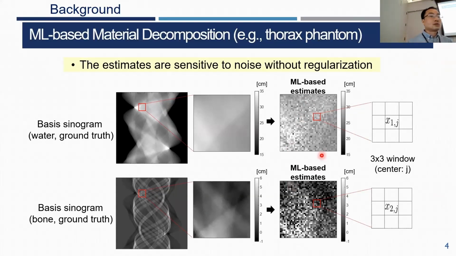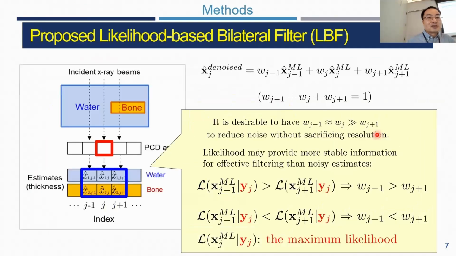It's just filtering, using a 3x3 window in the sinogram, but the weights are different.